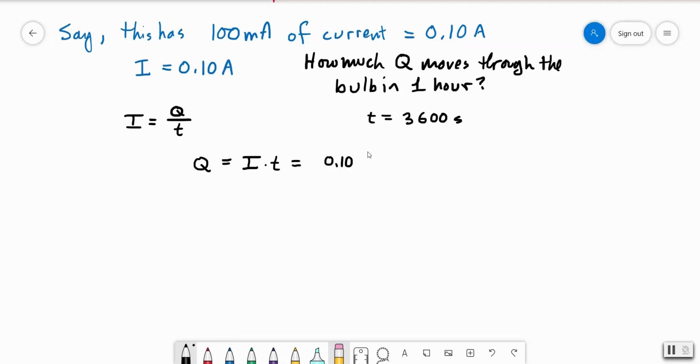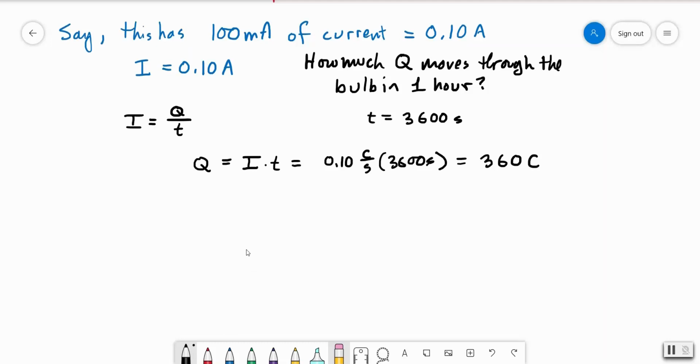Now I'm going to write our amps as coulombs per second because we're about to multiply this by 3,600 seconds, and that way we can cancel our units of seconds. You can write amps there, and that's totally fine because this is equal to the same thing. But what I wanted you to see is that we're going to end up with coulombs as a unit. This gives us that 360 coulombs have flowed through within that hour of time.